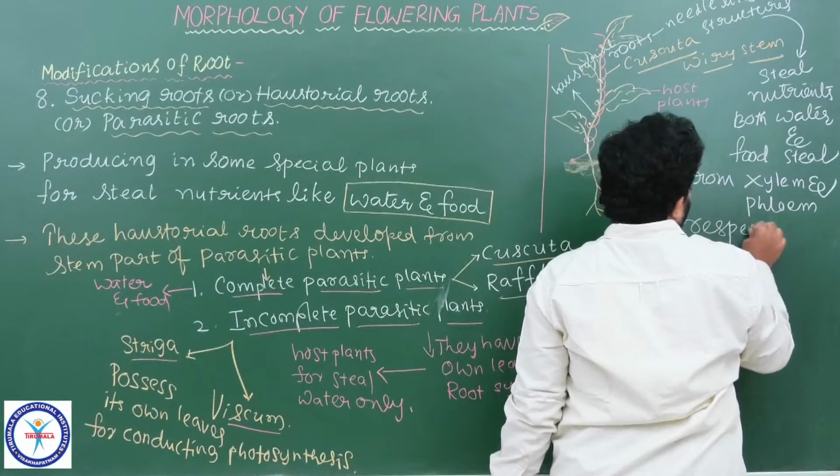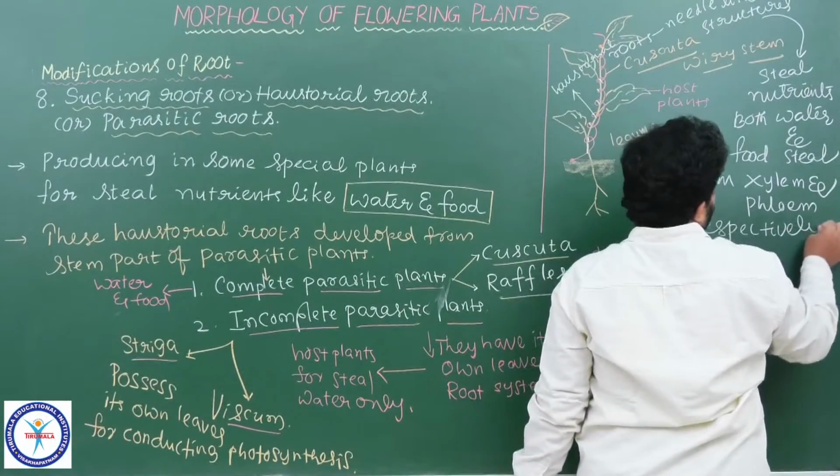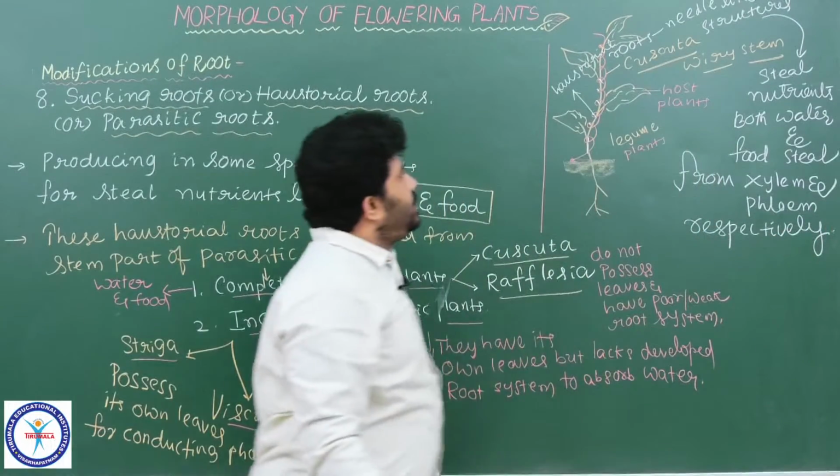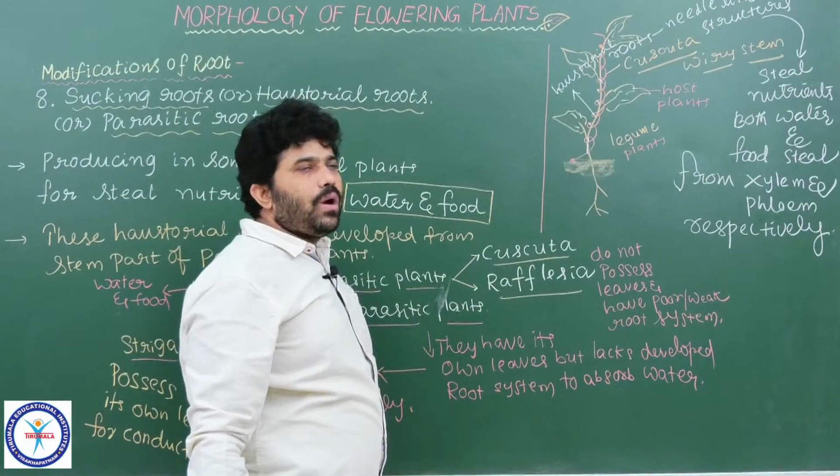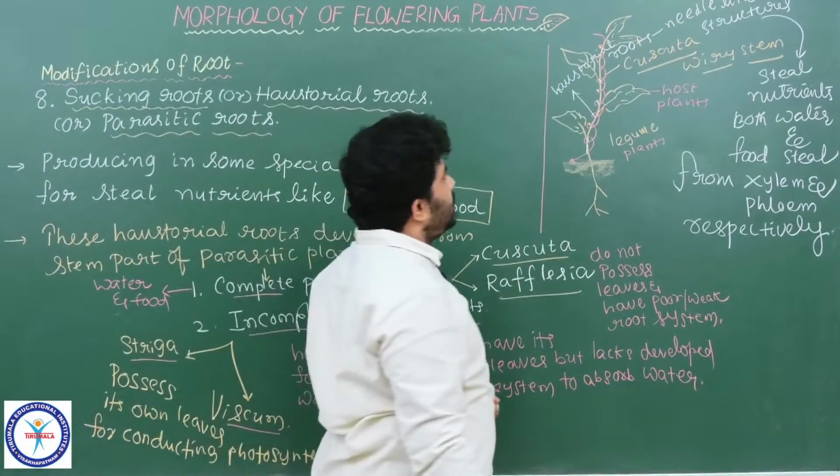Xylem provides water, phloem provides food. Now, got the point? This is the type of plant we call complete parasitic plants.